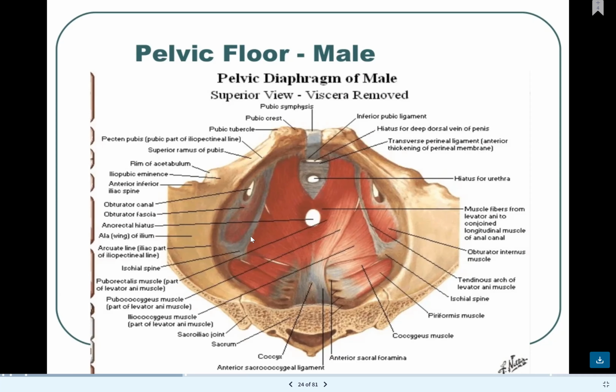And all these are part of the pelvic diaphragm. We can see this because we've taken all the viscera out of here. Did I mention penis? Penis is below this, sorry.